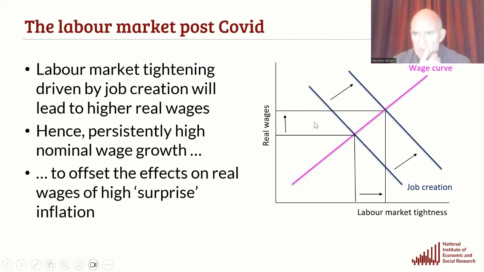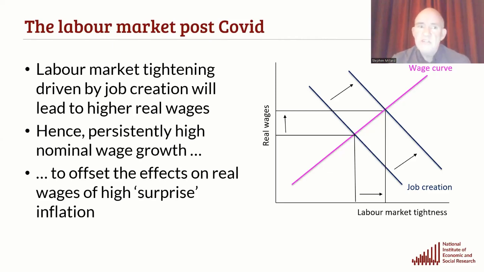Now, that higher real wages we didn't see immediately. We didn't see it in 2022 when the labor market was very tight. Why not? Because suddenly we were hit by a massive surprise inflation. Inflation rose from 2% to over 10%, and it did it very quickly. And of course, it takes time for wages to catch up.